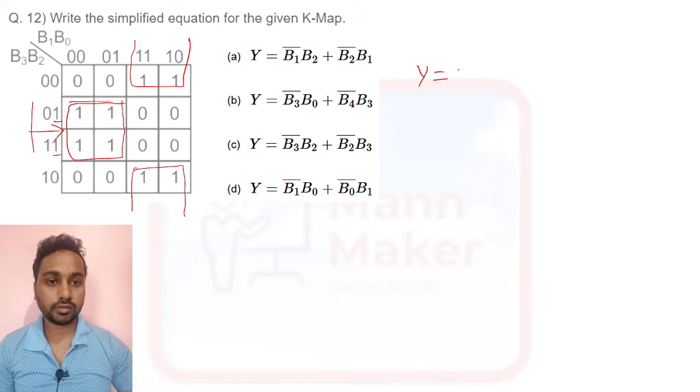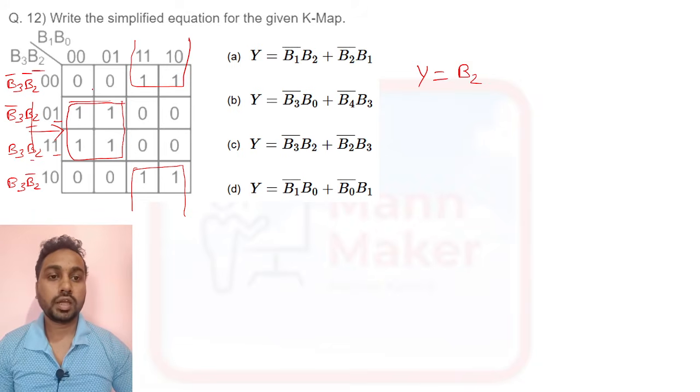Here 0 0 means B3 and B2, where 0 means bar, and 1 1 means B3, B2 without bar. So B2 is common in both, so we write B2.